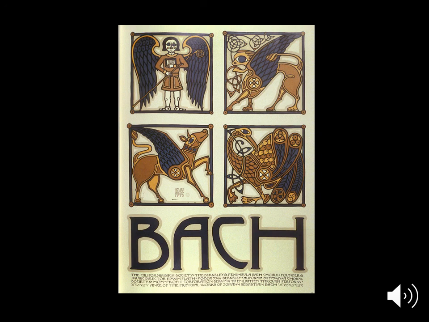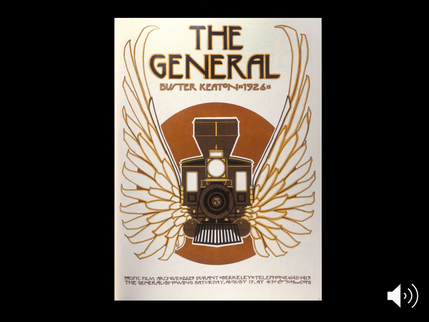His posters serve an immediate communication function, but they also are collected and hung for room decor. All of Goines' type is hand-lettered.